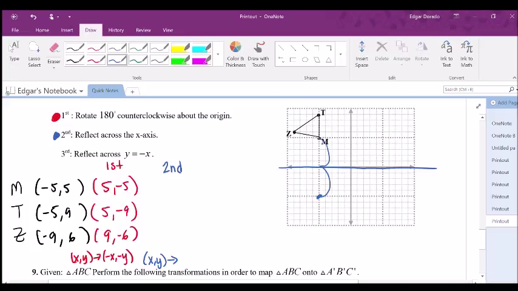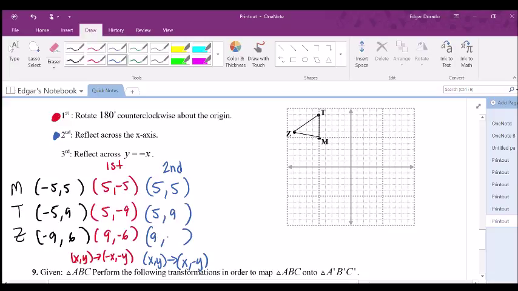Okay, so that means only your y's are going to change. Your x stays the same. So that would be x comma negative y. So let's do it. X stays the same. My y changes to a negative, or in this case now into a positive. X stays the same, y changes to a positive. All right, and we have one final one.